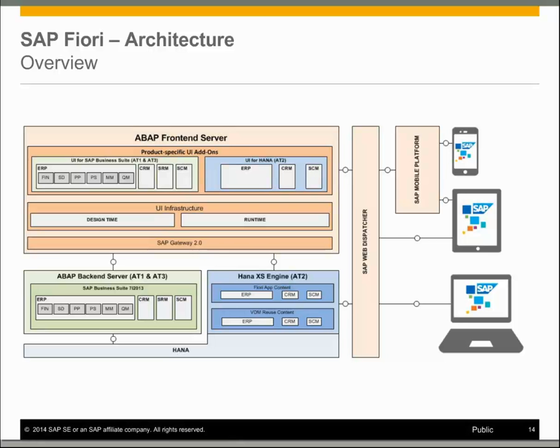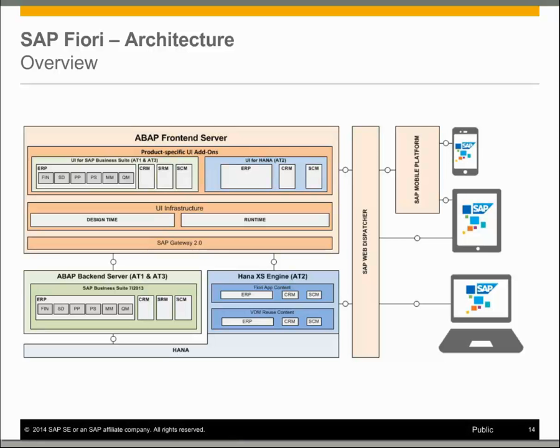So that means all product Fiori app specific UI add-ons are deployed here on the front-end server. And with this, you can support multiple form factors and operating systems with a single code line. And it also supports multiple device and platform types.